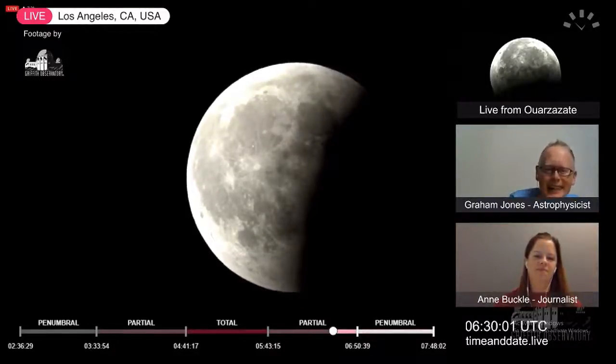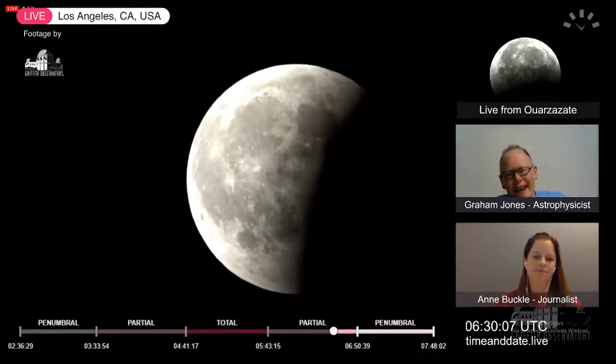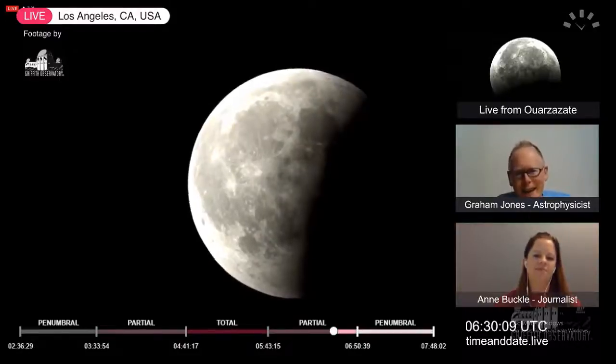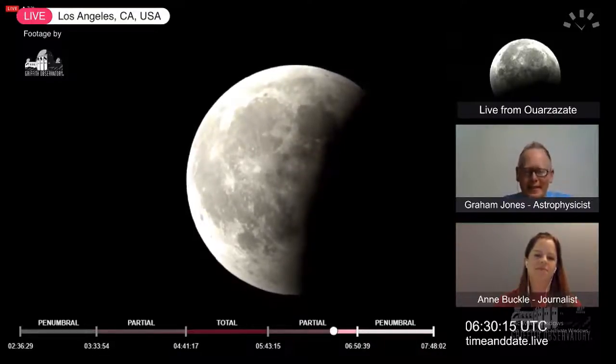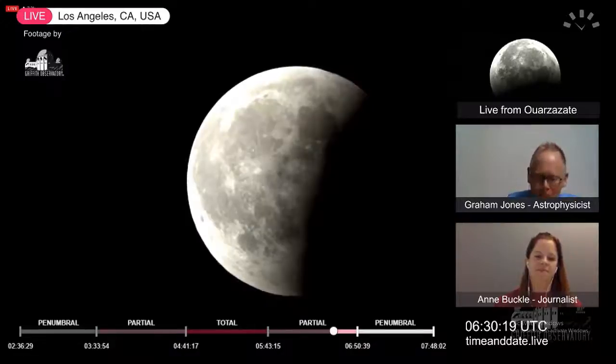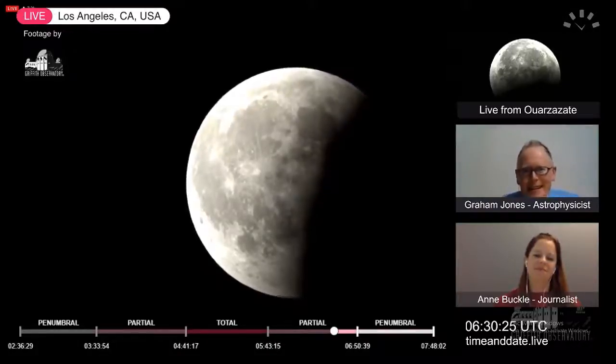First, the sunlight is getting filtered. It's getting scattered by the Earth's atmosphere. That's turning it a reddish color. And then the Earth's atmosphere is also bending the sunlight around the Earth and sending it towards the moon. So the moon is being bathed in this filtered and bent red light.